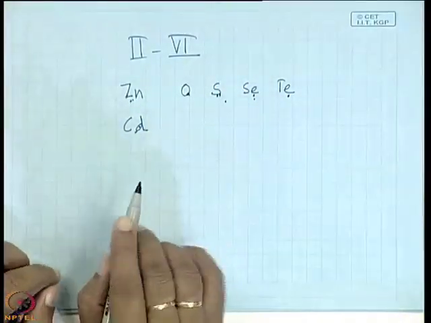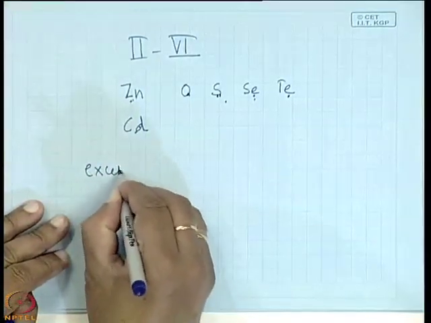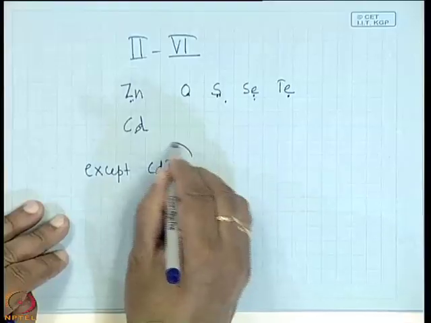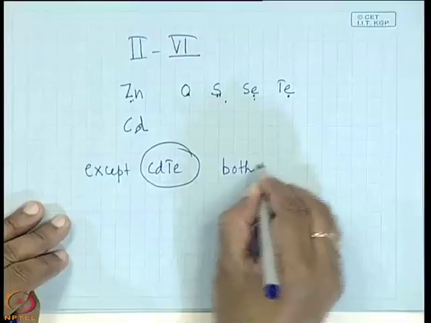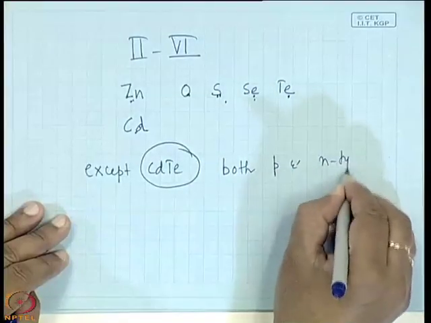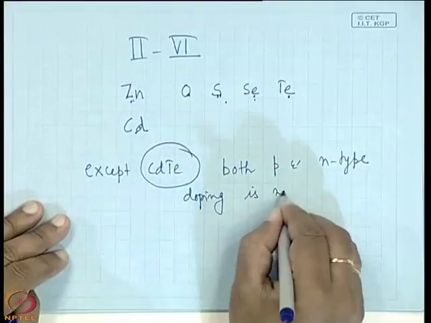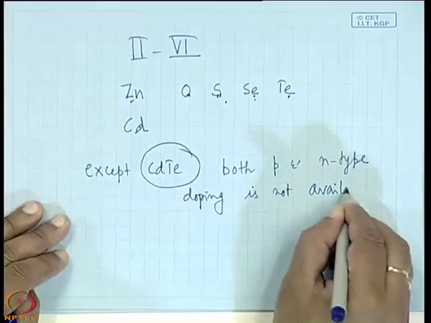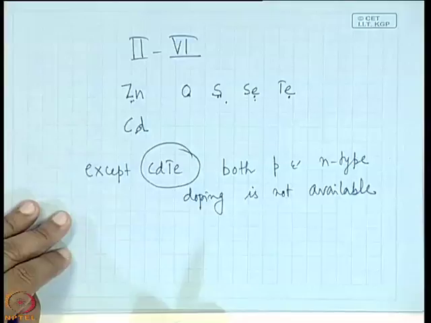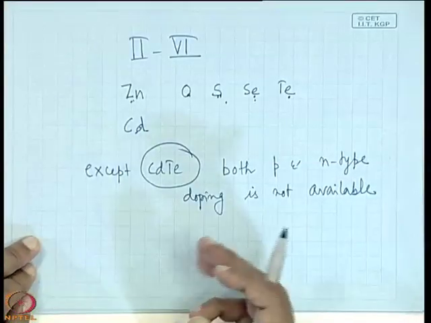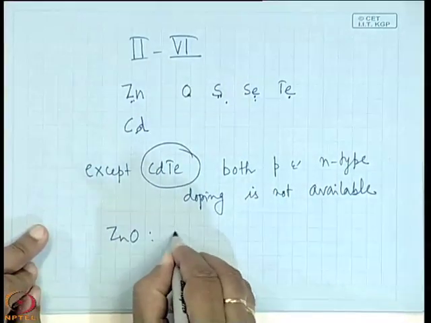Here the major problem with these materials is that, except cadmium telluride, both P and N type doping is not available. Mostly those are N type in nature. Say zinc oxide, it is N type.